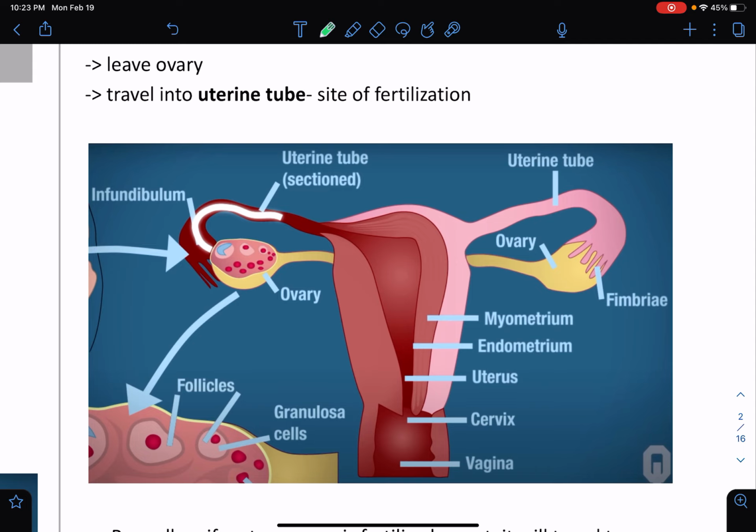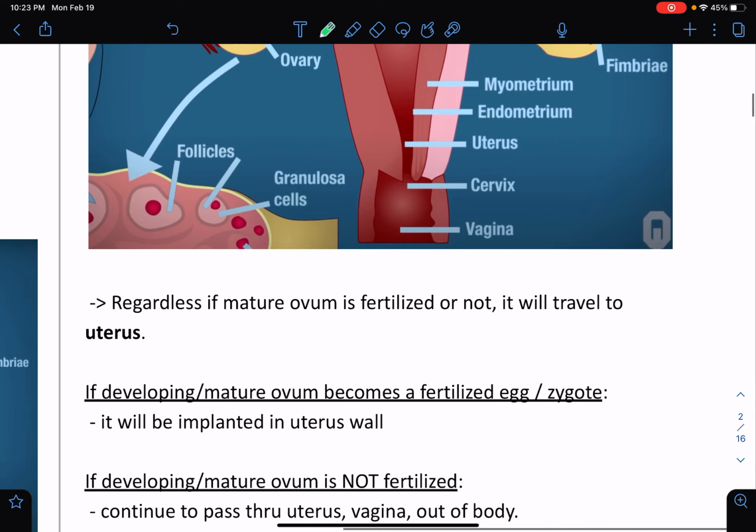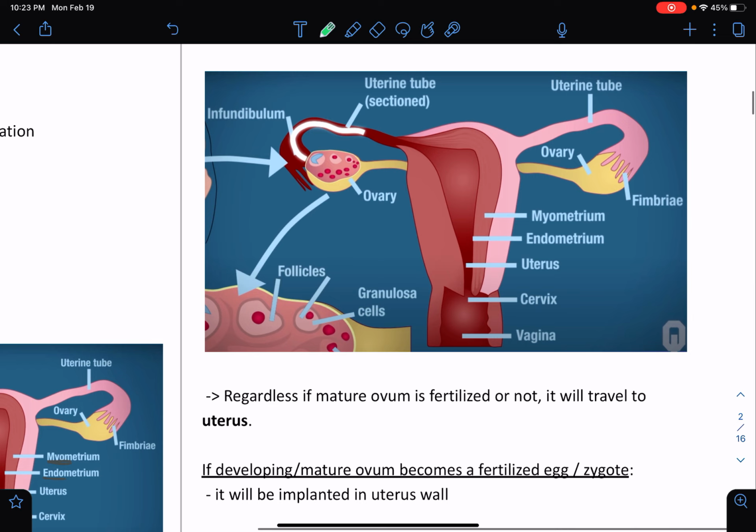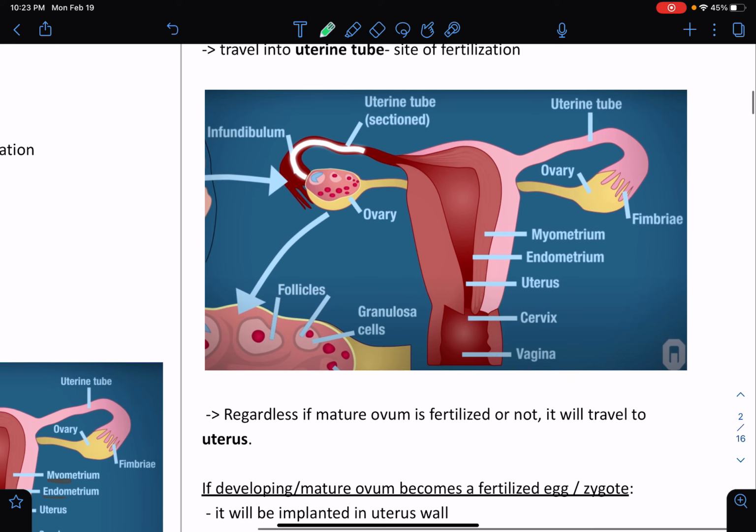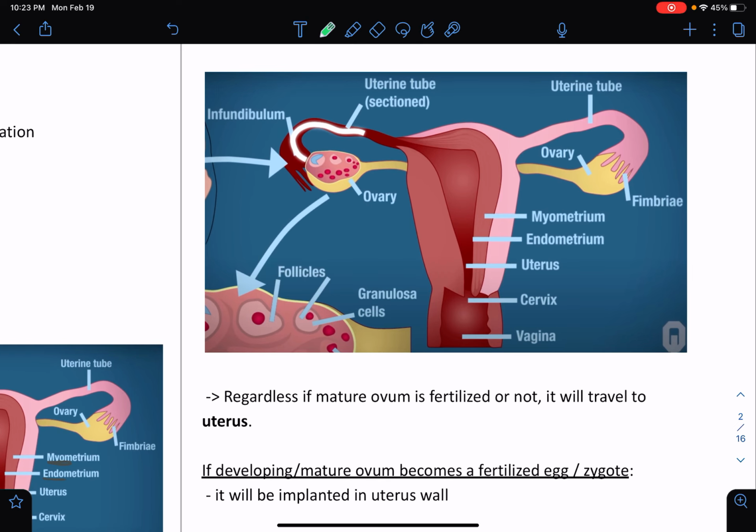Regardless of whether the mature ovum is fertilized or not, it will travel to the uterus. Given the chance that the woman does not get impregnated, the sperm does not reach the uterine tube, and no pregnancy happens, there's something that happens to the ovum that's not fertilized.